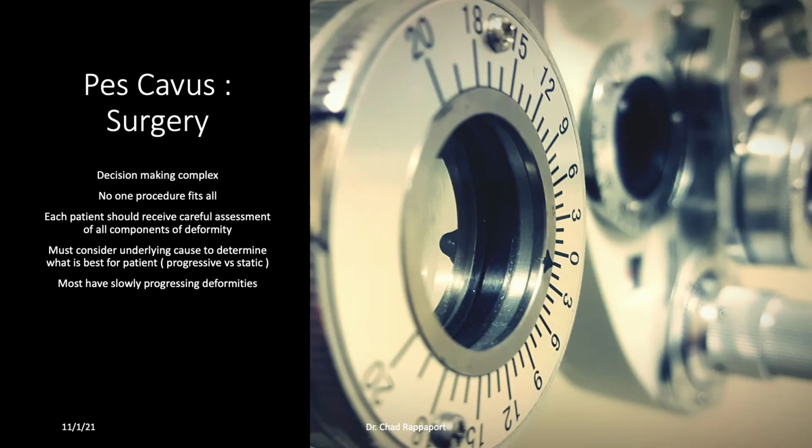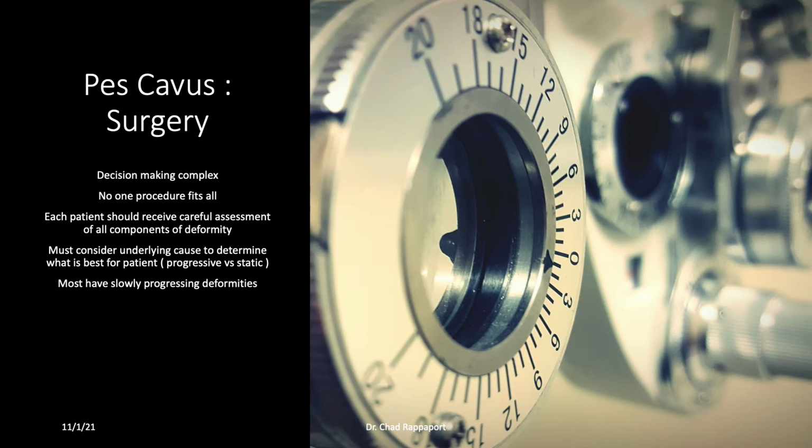When it comes to surgery, the decision-making process is and should be complex. Each one of these patients is slightly different from the next, and so there's no one procedure fits all approach. Each patient should receive a careful assessment of all the components of their deformity, and you have to keep in mind the underlying cause to help determine for the patient what is best for them.